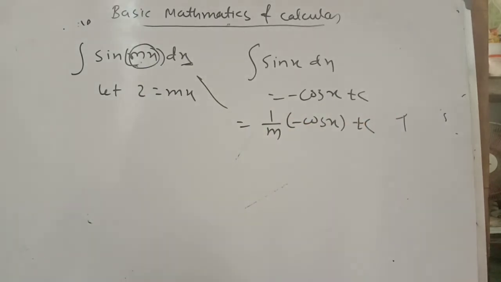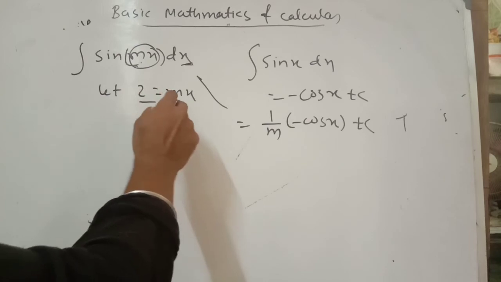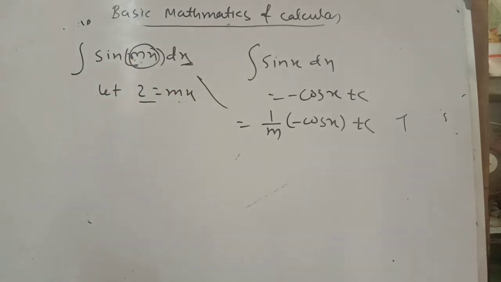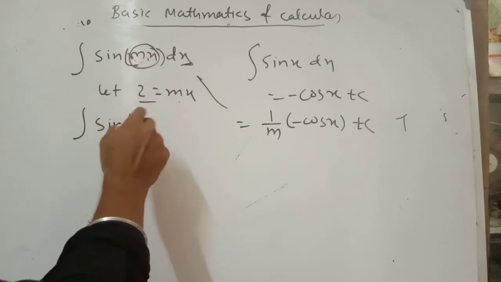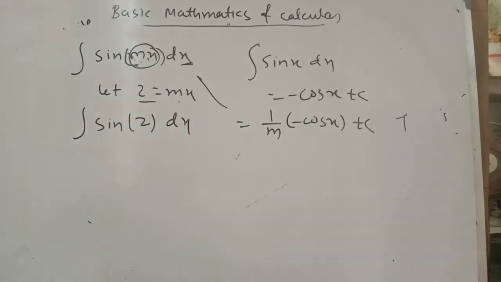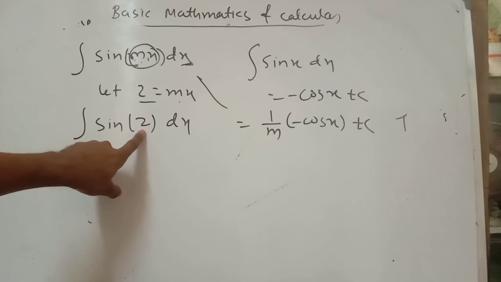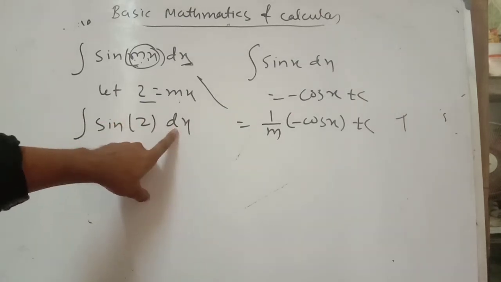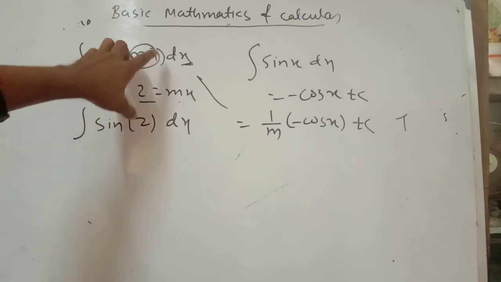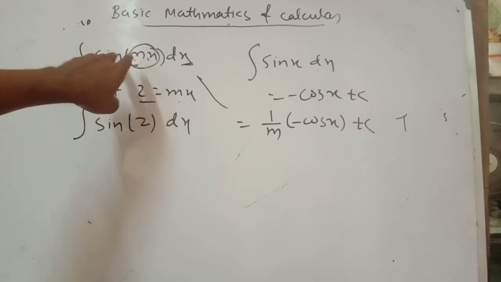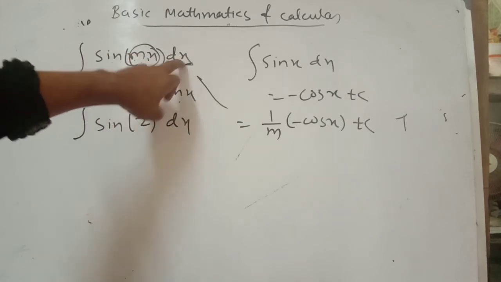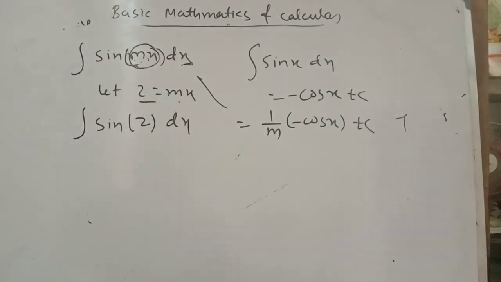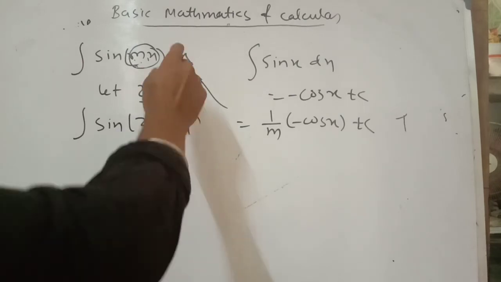So how does it come? Just take z equal to mx. Now when you put z in place of mx, sin is a function of z, but you are integrating with respect to dx. So first you convert dx into dz form.